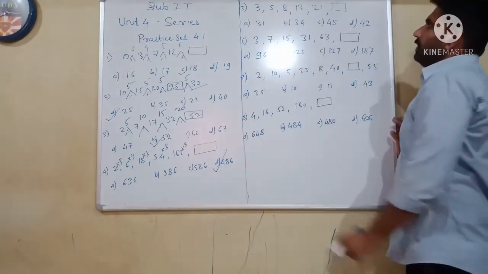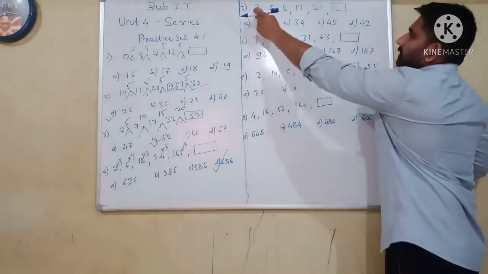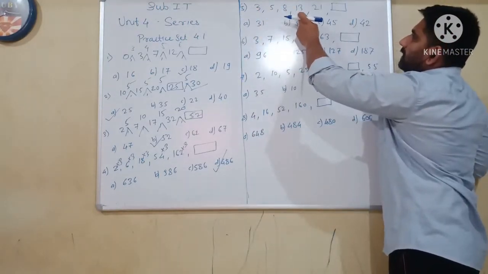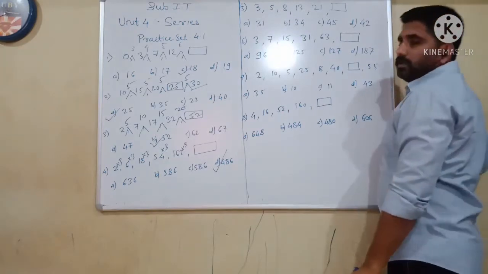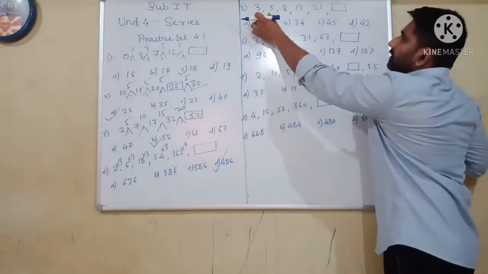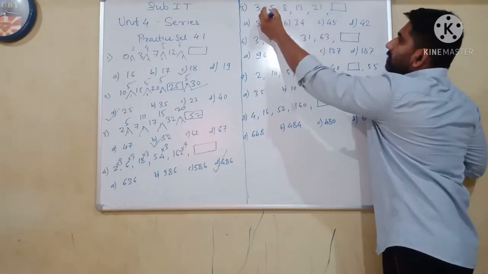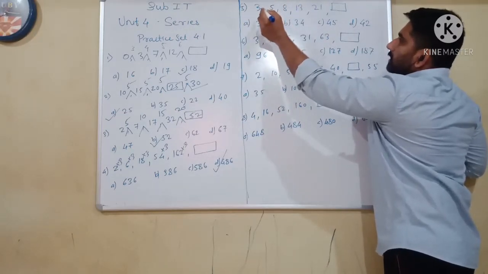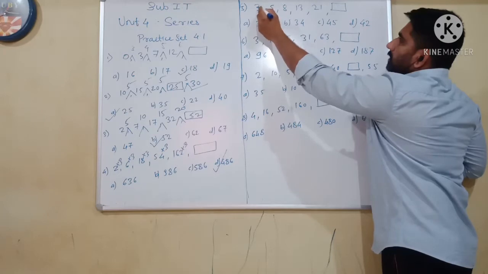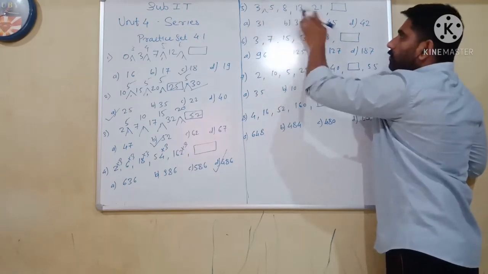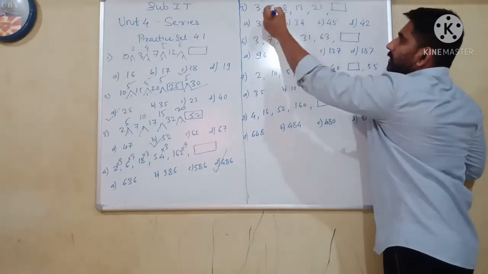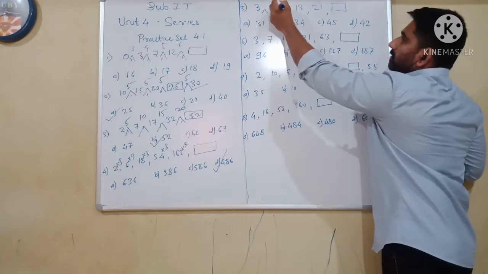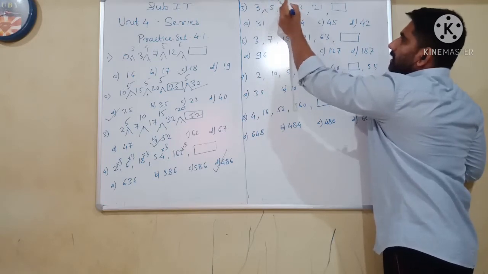In number 5, now we will check 3, 5, 8, 13, 21 and again a blank. Here we will try to check the gap between these numbers. How much is the gap? Here is a gap of 2. But if you observe carefully, 3 to 5, after that how has 8 come? 5 plus 3 is 8.